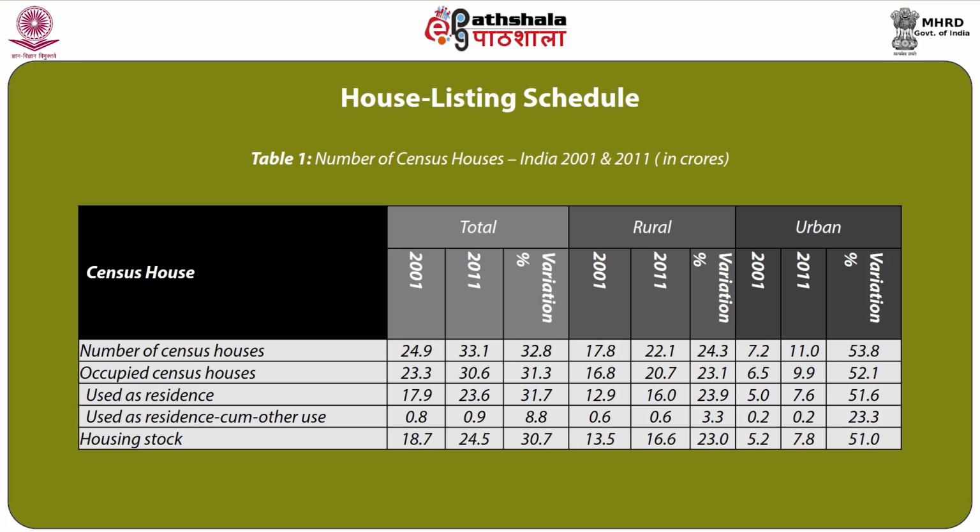If we see the comparison between 2001 and 2011 data, the number of census houses has gone up from 24.9 crores to 33.1 crore, that is a variation of 32.8%, while the occupied census houses show a variation of 31.3%. Among these, used as residence shows a variation of 31.7%, while used as residence cum other use shows a variation of 8.8%. Overall, the housing stock shows a variation of 30.7%.